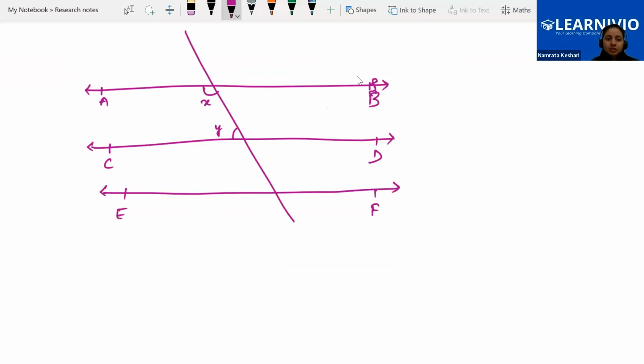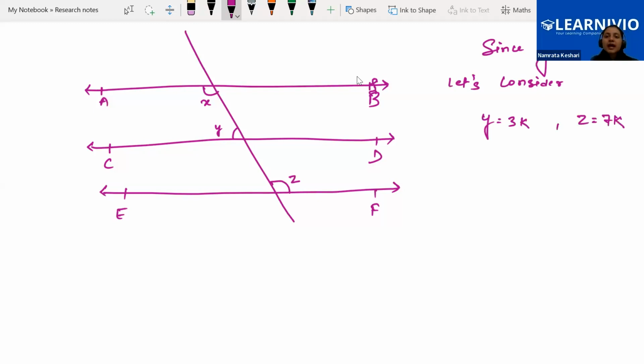In the question it is clearly given that Y is to Z is 3:7, so let's consider Y as 3K and Z as 7K.